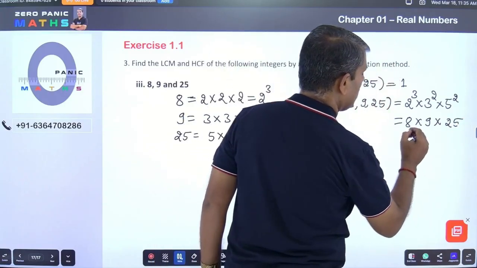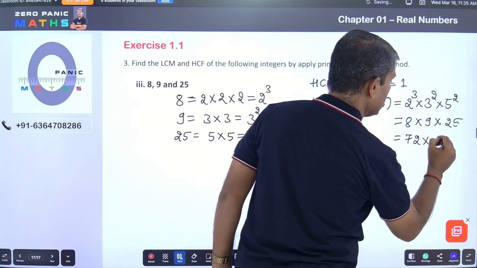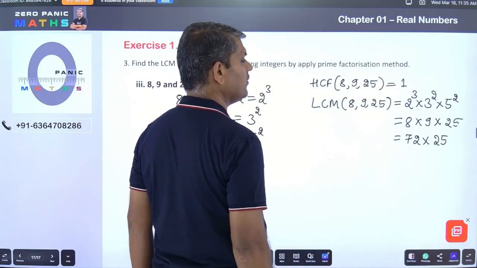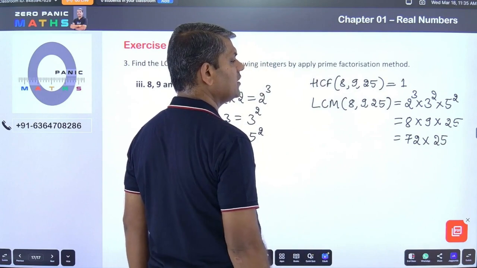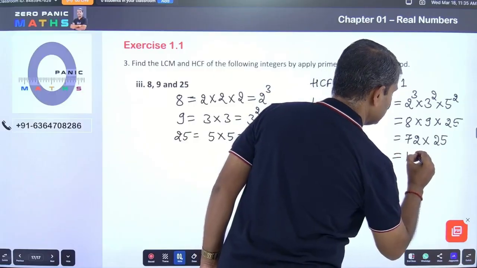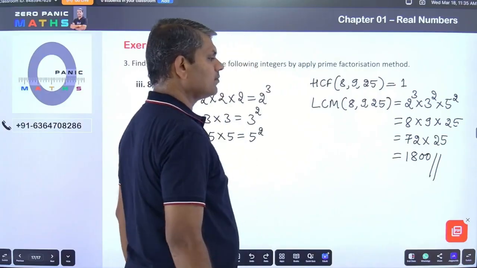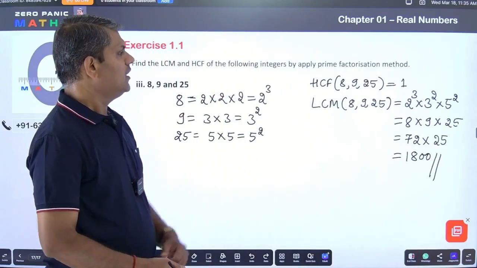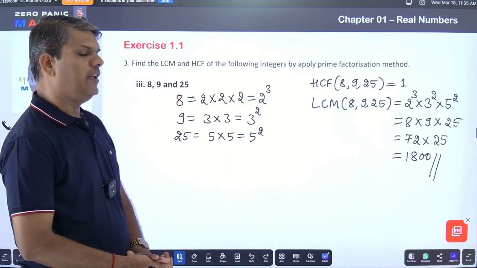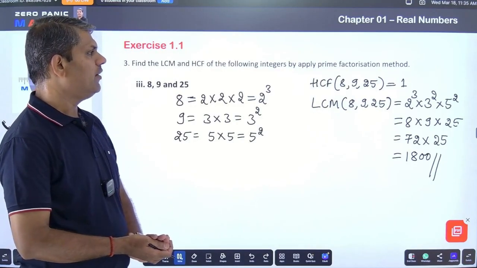Okay, that will come up to 72 multiplied by 25. 25 sevens are 175, that is 1750, it is 1800. Okay, so that is the LCM of 8, 9 and 25, since they don't have any common factors inside it.